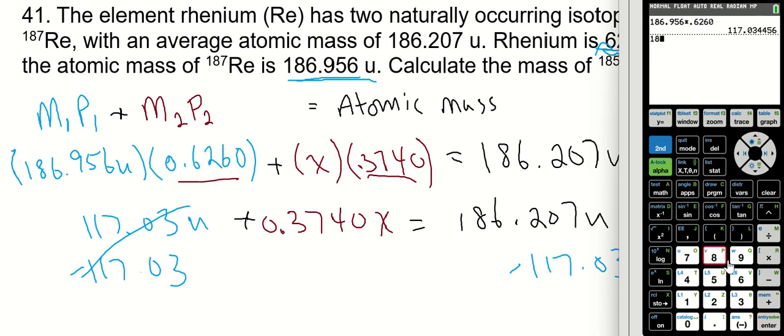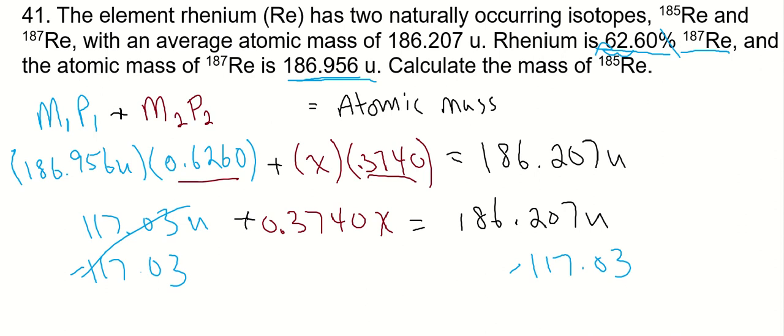So 186.207 minus my stored number, that's the better number. All right, so 69.17 is what I have on the right side, and on the left side I still have 0.3740x.